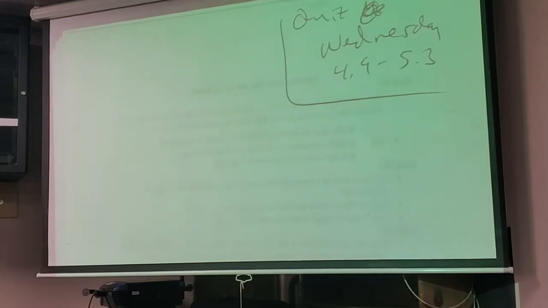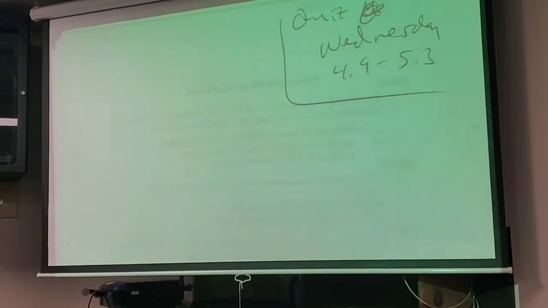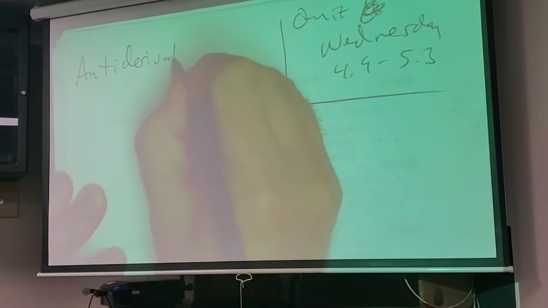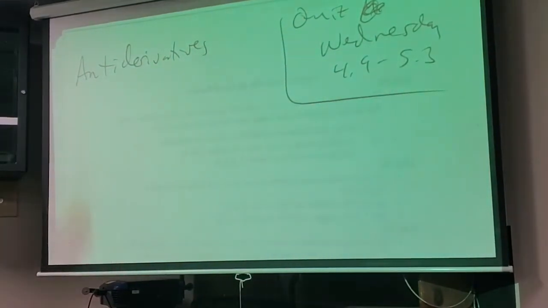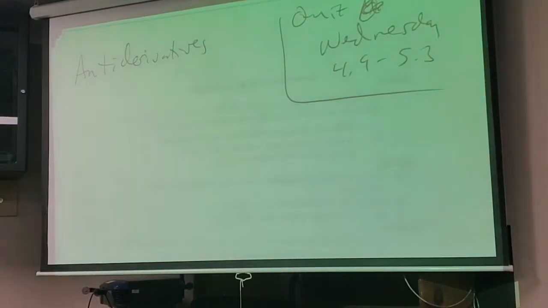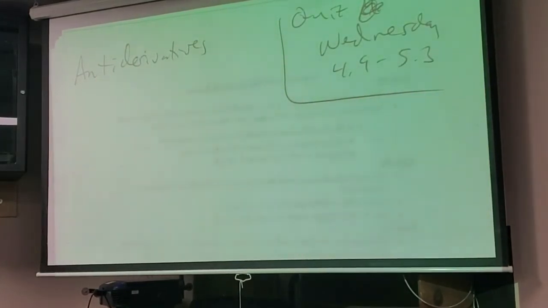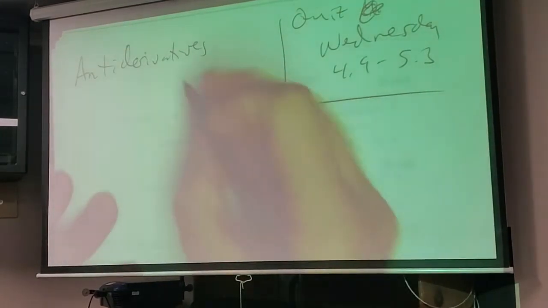So, today's a big day because this is when we make the connection between antiderivatives, which can be very simple. We've done a lot of antiderivatives so far, so they can be pretty simple, but they can very quickly become close to impossible.